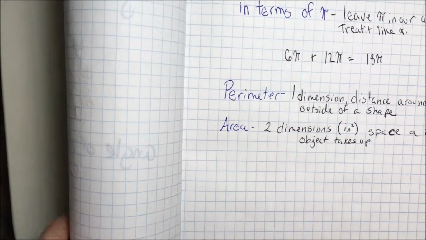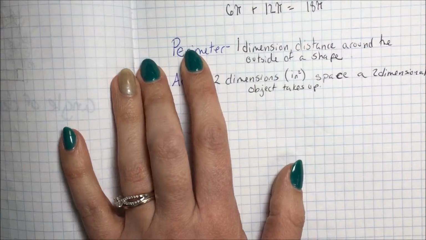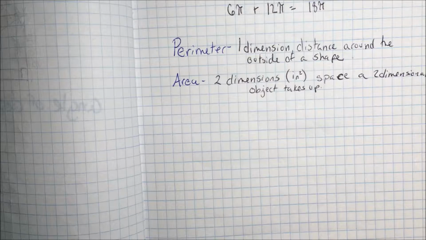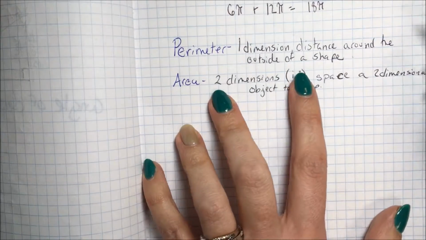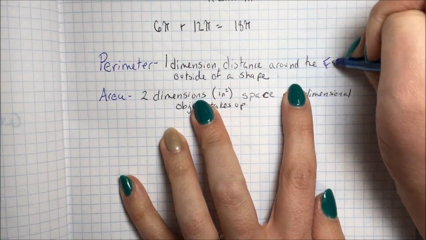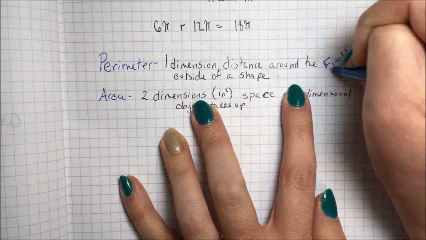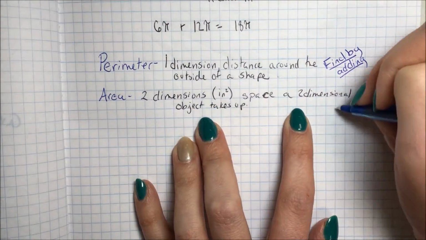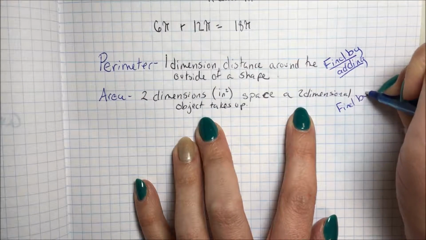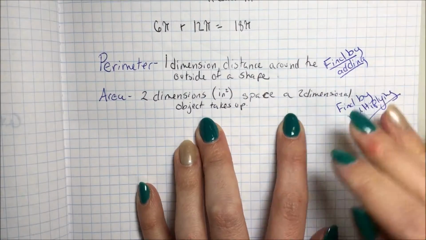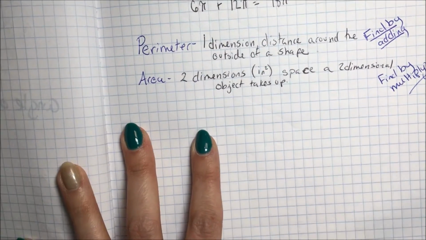So we need to know some area formulas. Perimeter, there's no formula for perimeter for non-circular objects because you just add the sides. So perimeter we find by adding, and area we find by multiplying. So, area formulas.